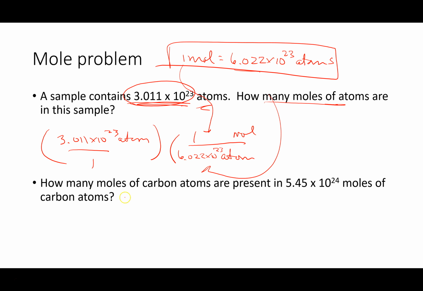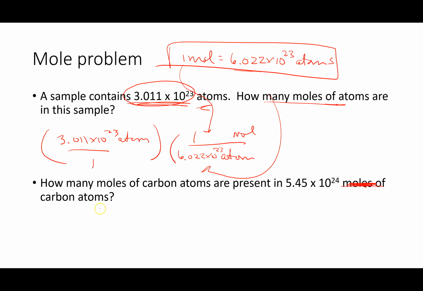And then this one is different, isn't it? It says how many moles of carbon atoms are present in 5.45 times 10 to the 24th? It should say carbon atoms.